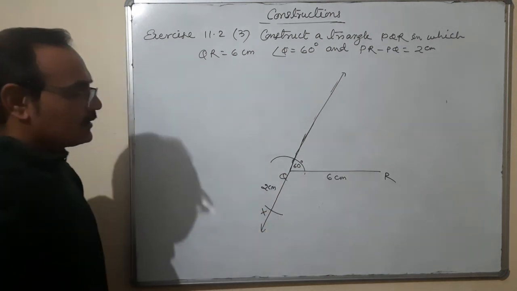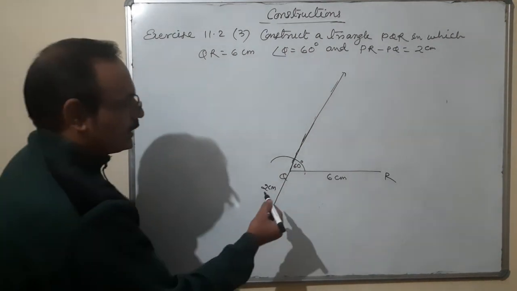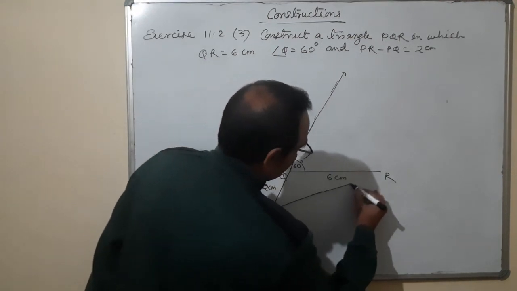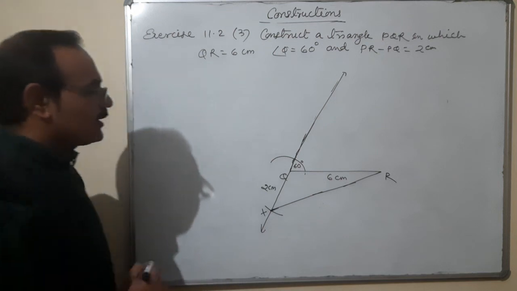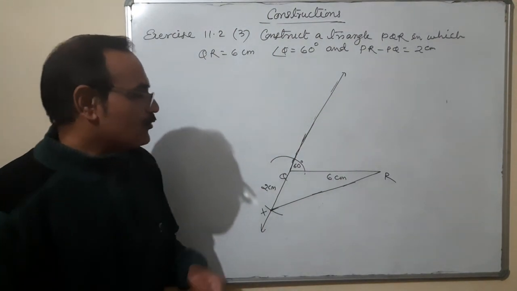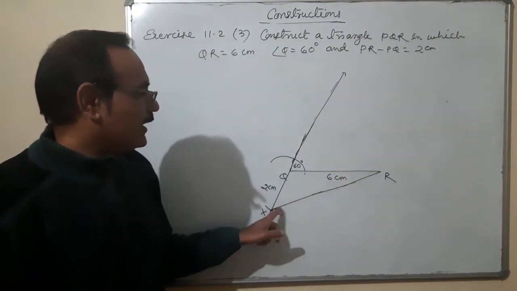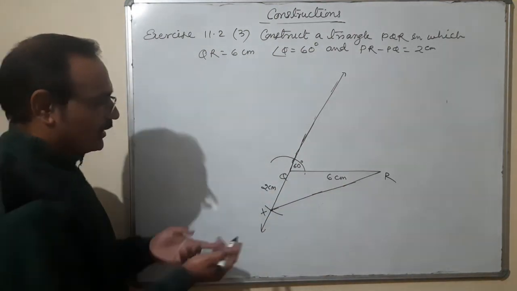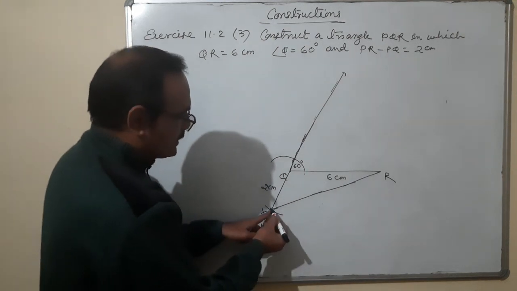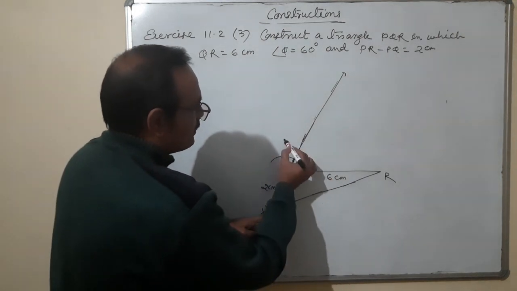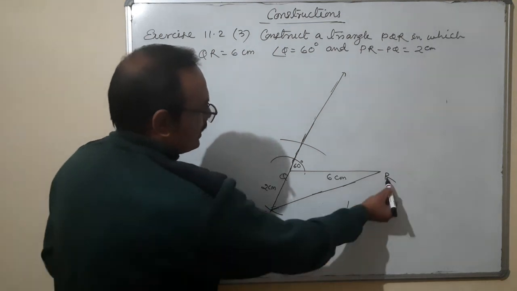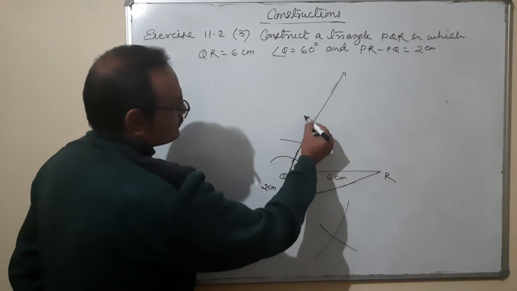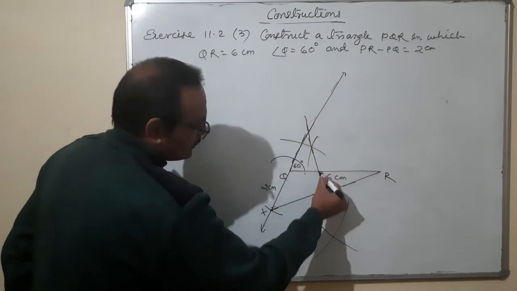Cut at 2 centimeter and join X to R. After that, we have to draw the perpendicular bisector of XR. And for that, what should be done? With X as a center, taking radius more than half of XR, draw 2 arcs. With R as a center, cut these 2. And with the help of a ruler, join it.